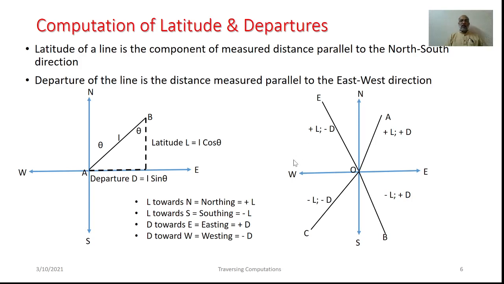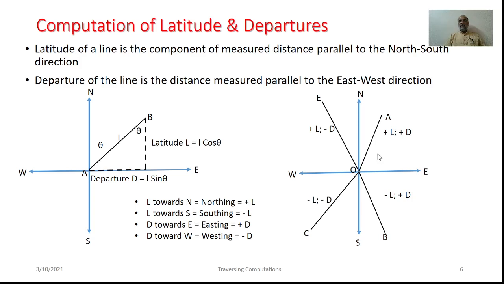Conventionally, in order to have the computations, latitude towards north is termed as northing and it is treated to be positive. Whereas, as you see here in this sketch for a certain line OB, latitude towards south is considered as southing and its value is considered to be negative.